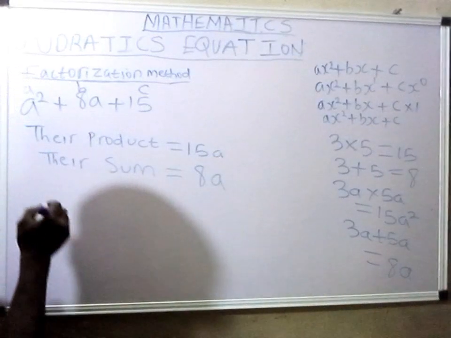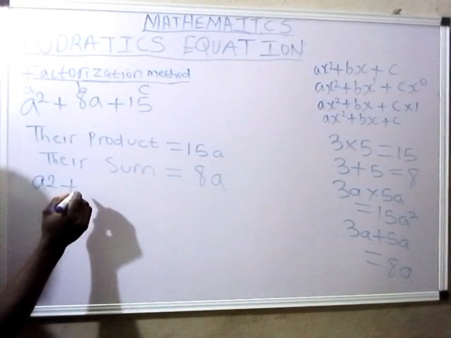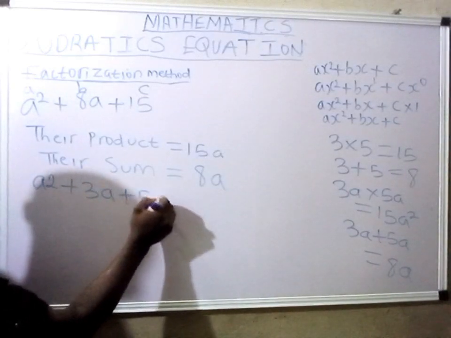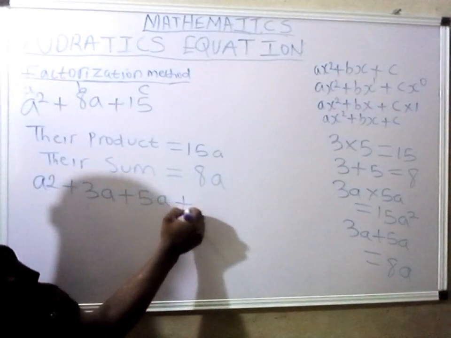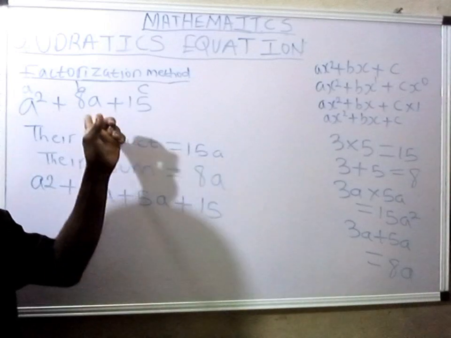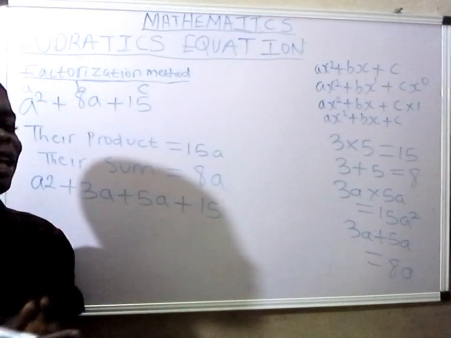So we can say that a square plus 3a plus 5a plus 15. In this case, their sum, which is 8a, is no longer needed.